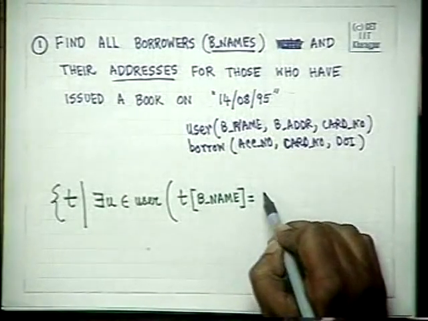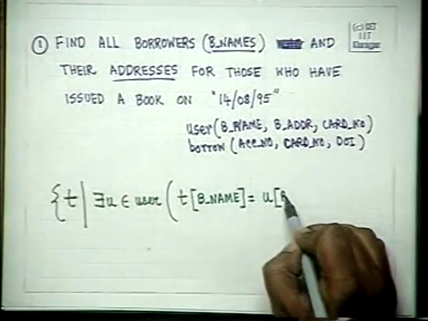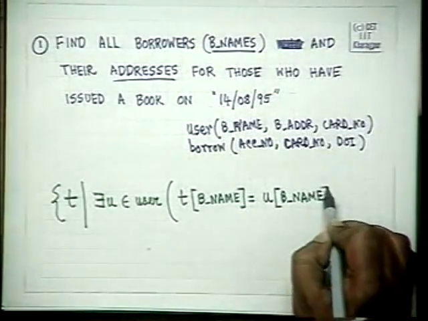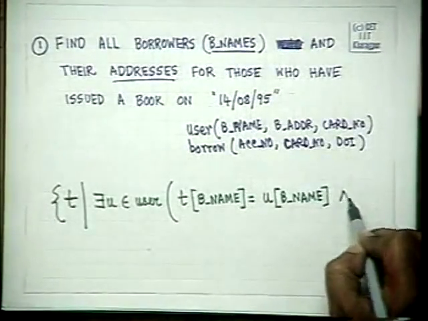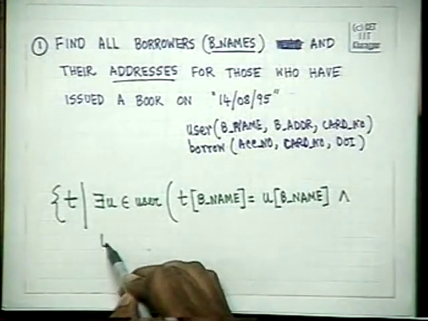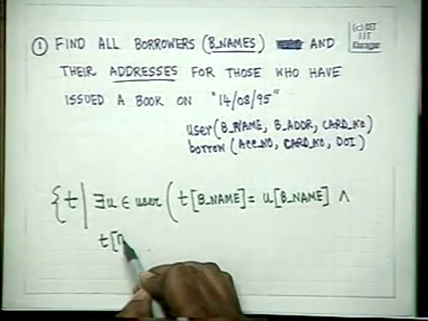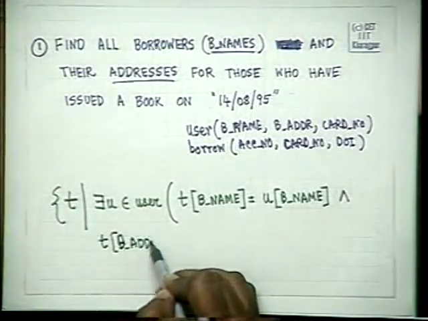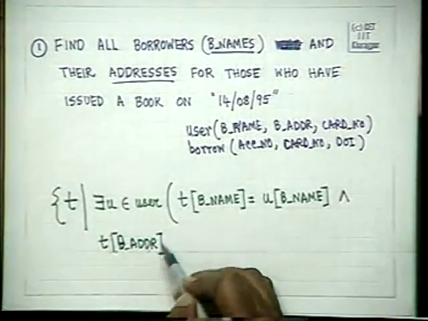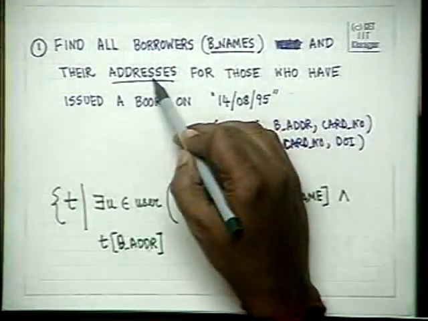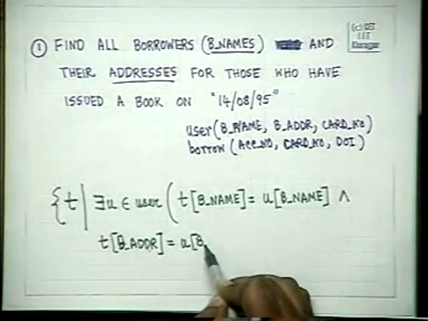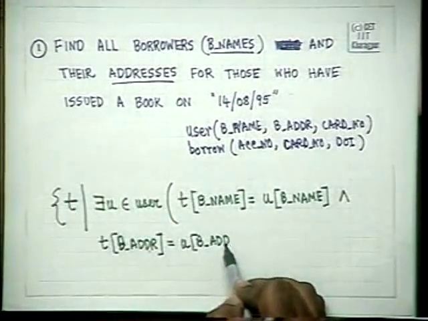T name must be U of B name and T of the B address of T. These are the two attributes which we want in T, name and address, and they will have to be the same as the borrower's name and address.